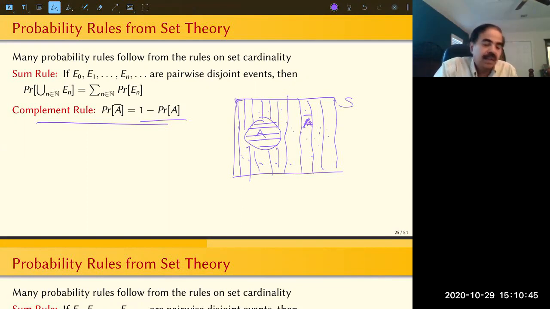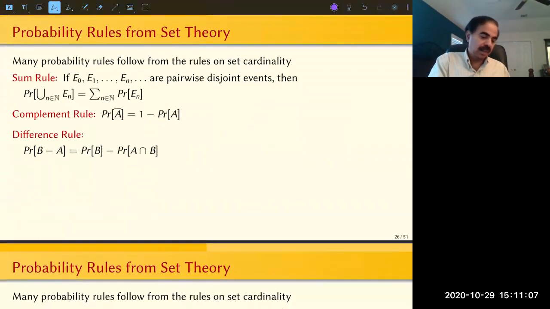The rule itself, where we compute the complement and then do a one minus of that, is a technique we have used often when we deal with either counting or probability, and once again, it's consistent with this definition.